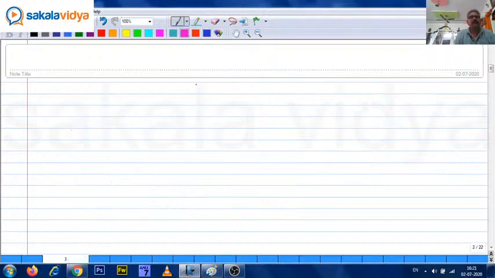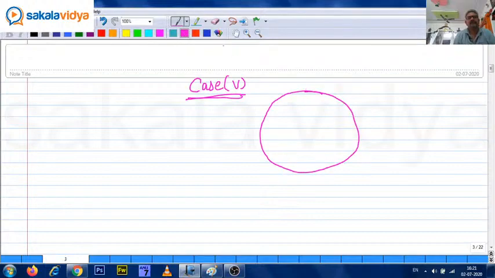Case 5. See, in case 5, for example, this is a circle, this is another circle, touching externally.